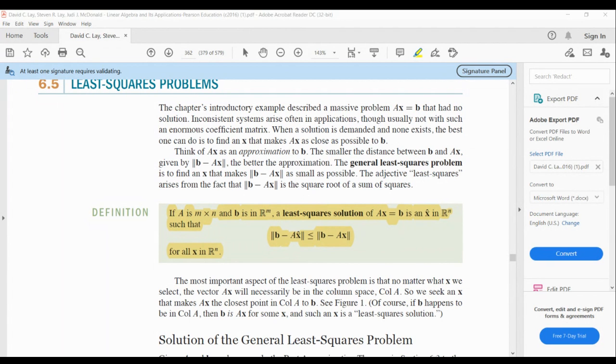Because think about it like this. If A times x equals b has a solution, suppose Ax equals b has a solution x.